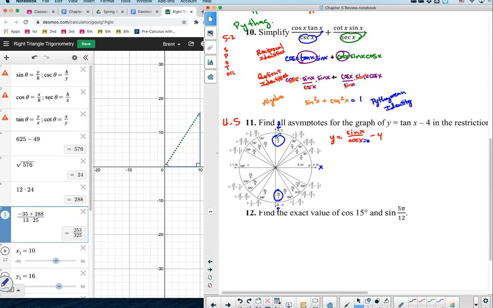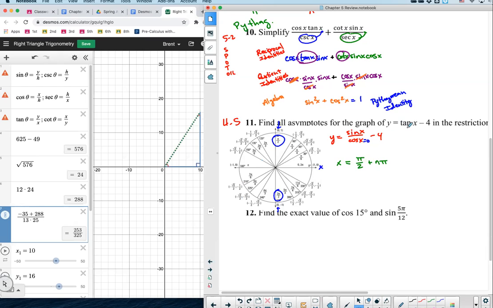So step 1 was to first locate where the general asymptotes are. And step 2 is we were rewriting it, saying the asymptotes will occur at x equals pi over 2 plus n pi. But then we'd have to come back and apply any horizontal transformations. That n pi just means they reoccur.